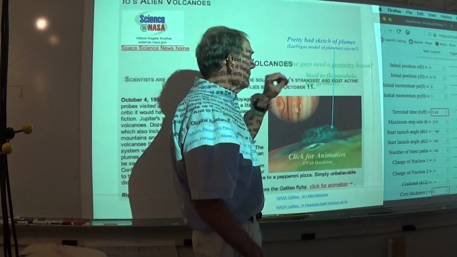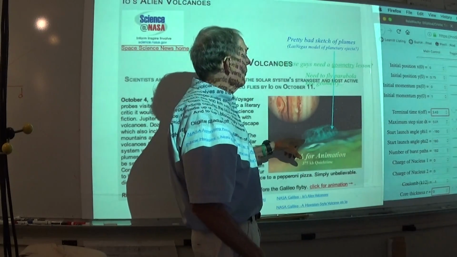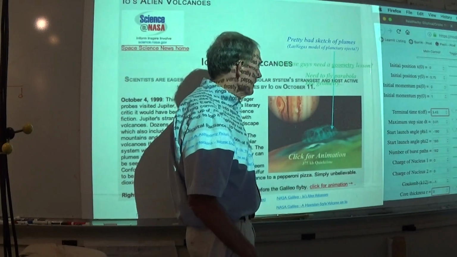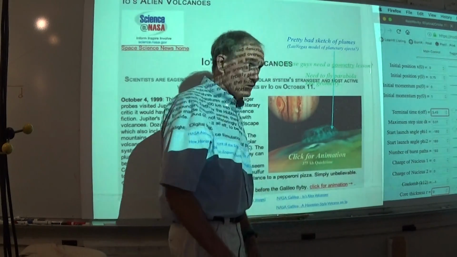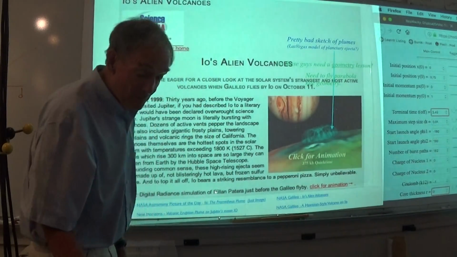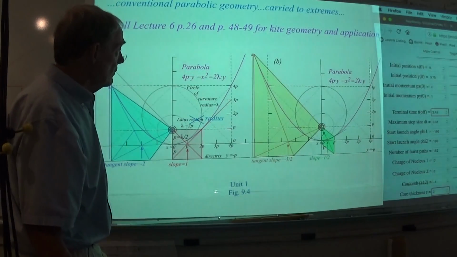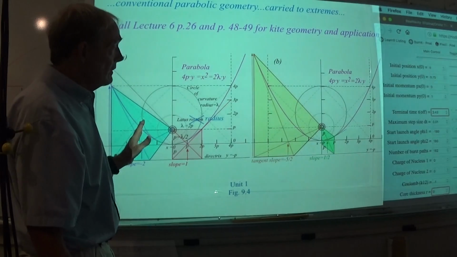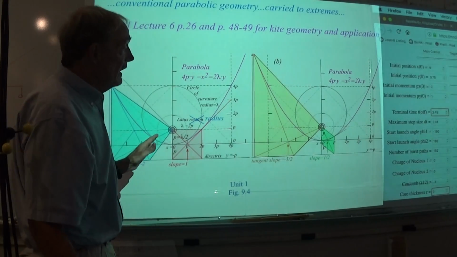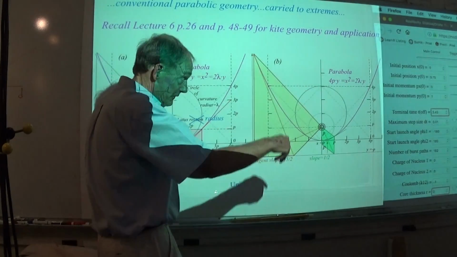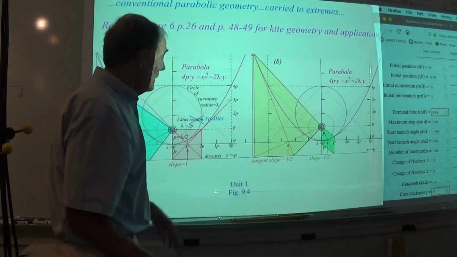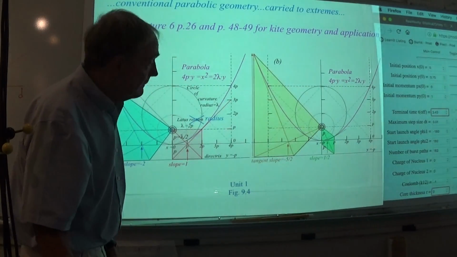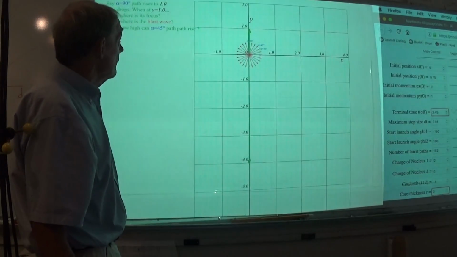These guys need a geometry lesson. That looks more like a fountain in Las Vegas than the actual parabolic things that you get on moons that have volcanoes. Now the thing that is going to come up here is, in order to analyze all of the pieces of that, this kite geometry really helps.